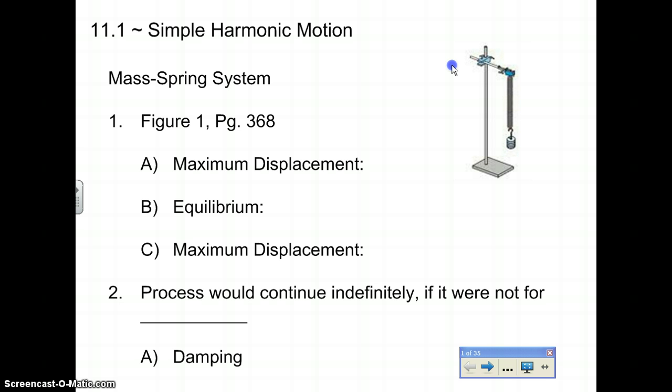A couple of things I'd like you to add here with this, guys, is at maximum displacement F and X are opposites.